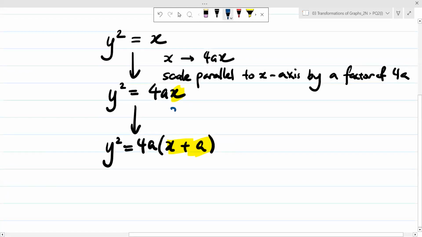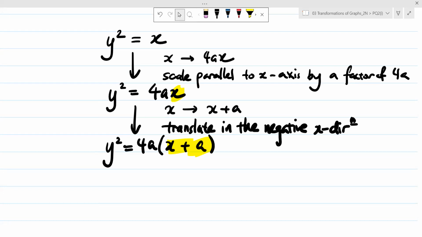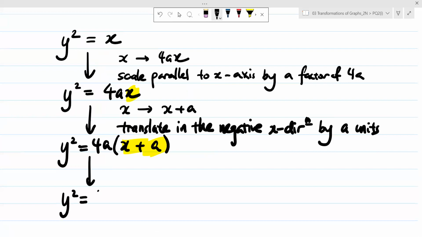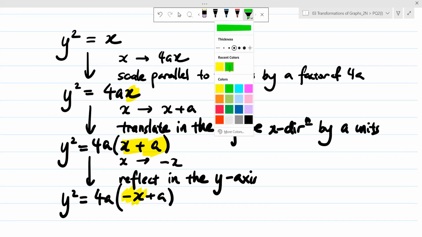Okay, and then lastly, you do this. So take note, y-axis.